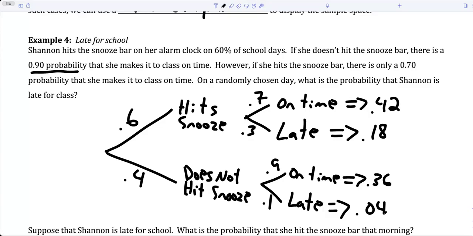So I'm going to go back and answer the question. What is the probability that Shannon is late for class? Well, if the events are mutually exclusive, then I'm going to use the addition rule, and I'm going to add the two events where she is late. So she was late here, which is 0.18. She was late right here, which is 0.04.